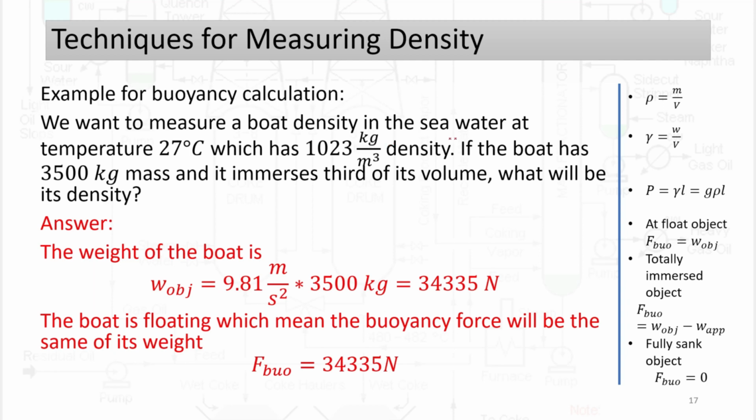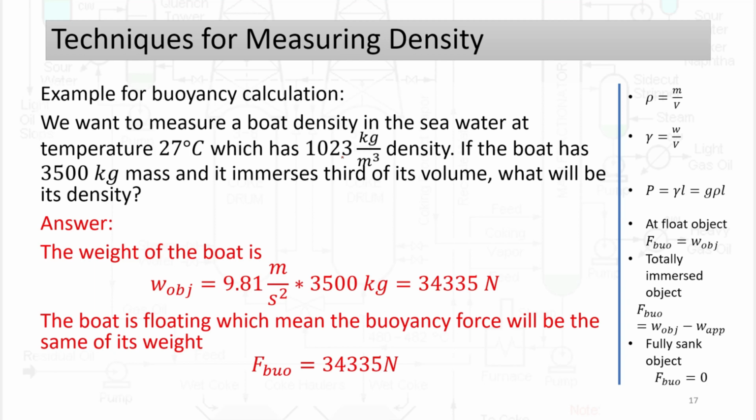If I put this boat in seawater, the density of seawater at 27 degrees is 1023 kilogram per meter cube. Now if the boat has a mass of 3500 kilogram, it is a small one, and a third of its volume is immersed, not all.